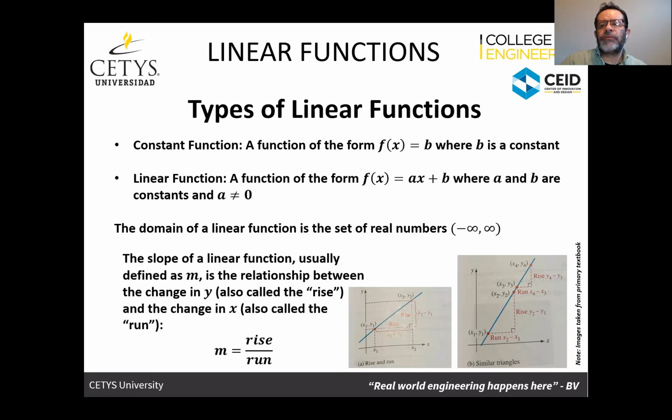How do we know that a function is a linear function? Well, a function is going to be a linear function when we have a power function. Remember that a power function is a function of the form f of x equals x to the n, where the value of n, which is the coefficient, is either 0 or 1.